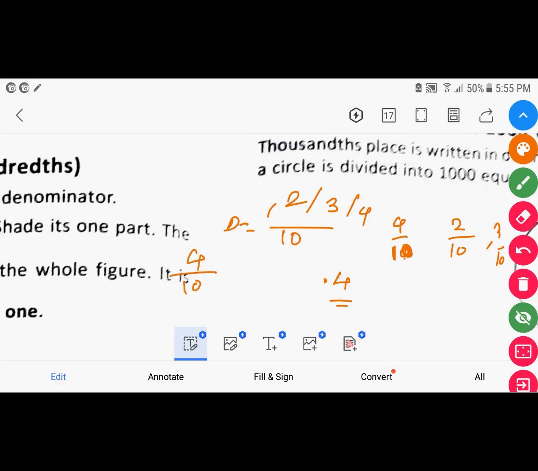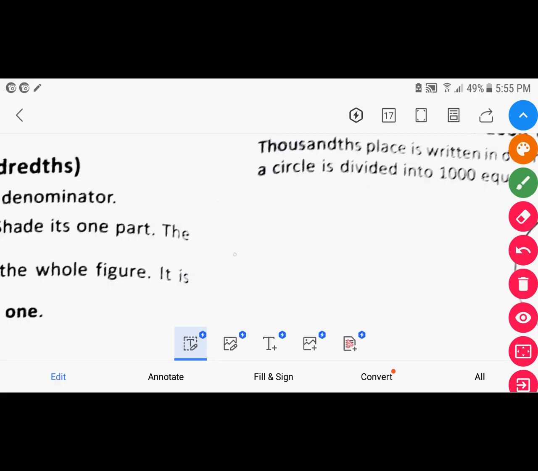If 4 by 100 is there, see how many zeros there are: 2. So count 2 digits from the right and give the decimal. 1 digit is 4, so 1 zero is added and give the point. If 1000 is at the denominator, then 1, 2, 3, 2 zeros should be added and give the decimal point. Okay, for conversion also it is shifted the same way.